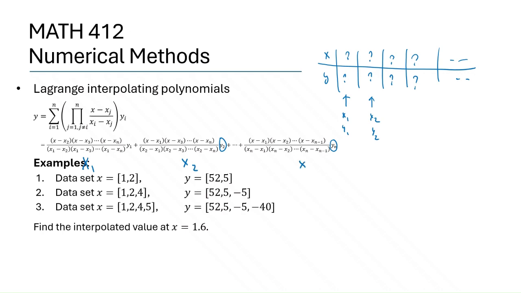The last term corresponds to x sub m. Now, the numerator in each term. When this corresponds to x1, the numerator will not have x minus x1. It has x minus each of the other x values, and then you find their product. No x1. Then for the second term, x minus each x value except x2 itself. You don't have x2.